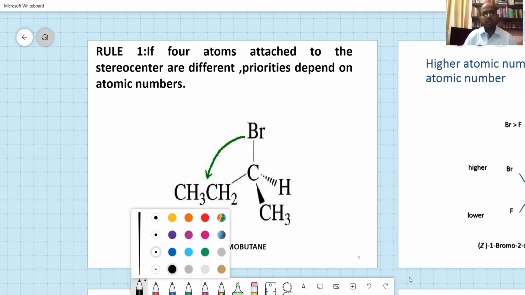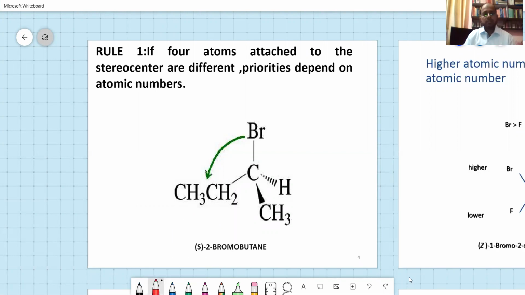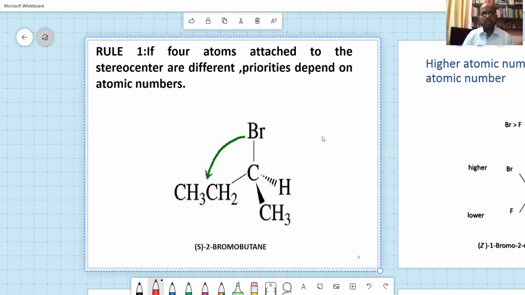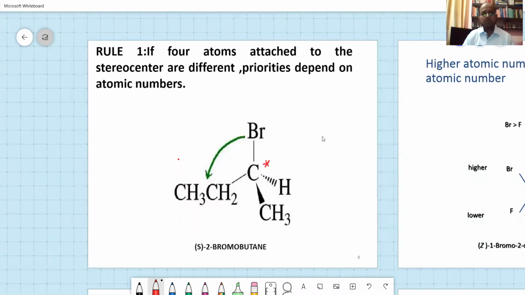So here, this is the chiral center. We always mark it by this. You have to name the groups according to first priority, second priority, third priority, and fourth priority. I told you that we have to put hydrogen to the last priority, so it goes there.